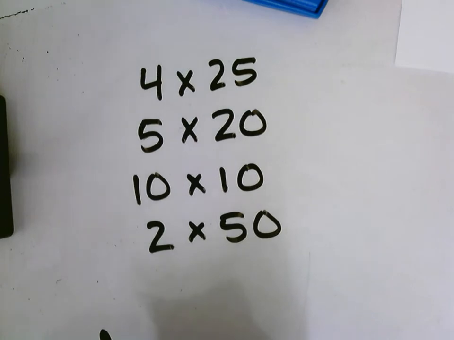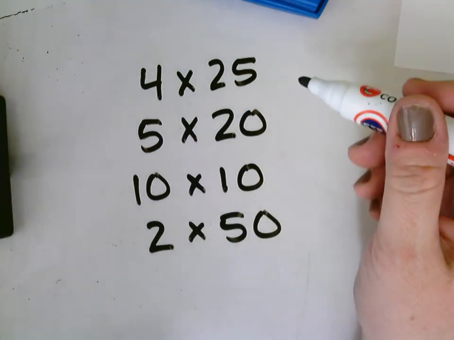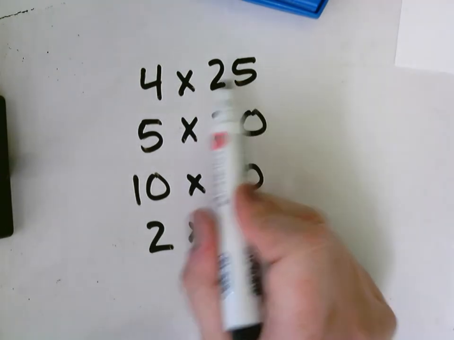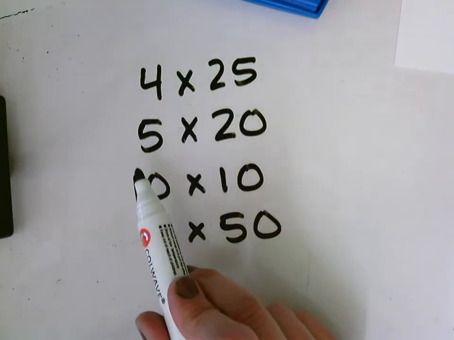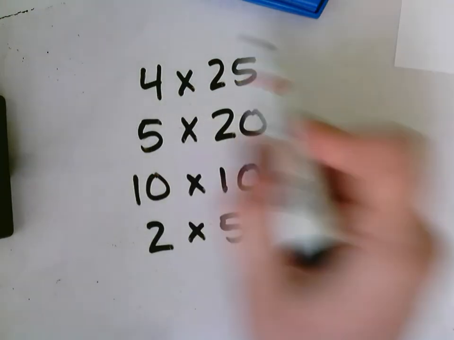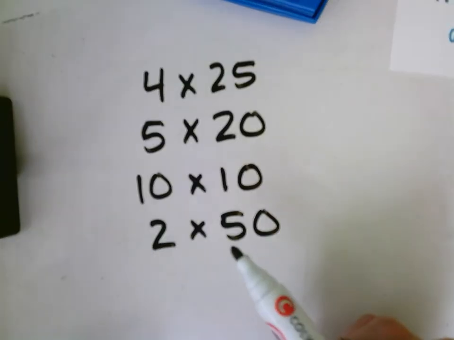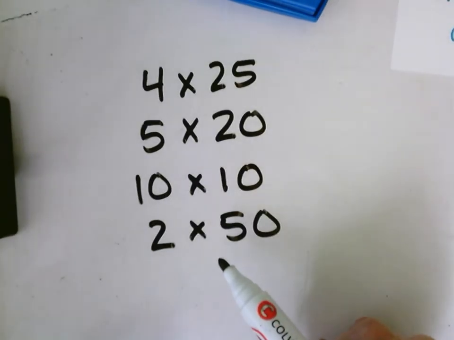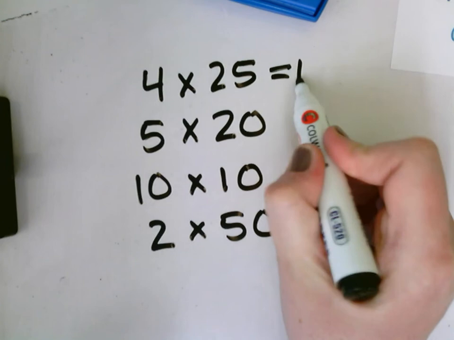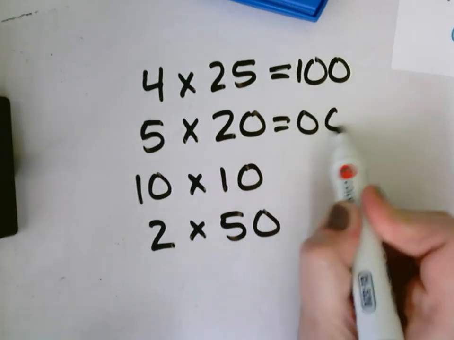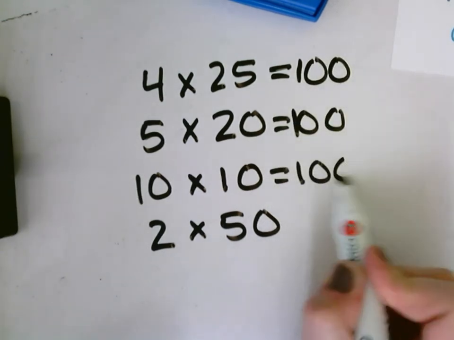So those would be some common numbers that you would use. Conversely, you would have 25 times 4, 20 times 5, and 50 times 2. But these are common numbers that you'll see a lot as the denominators in our fractions that have you get to 100. All of these equal 100.